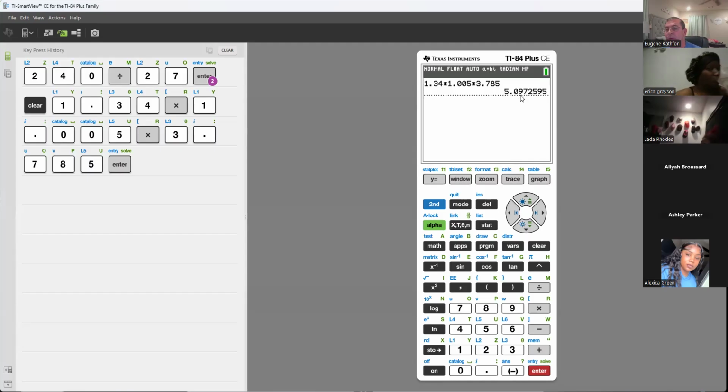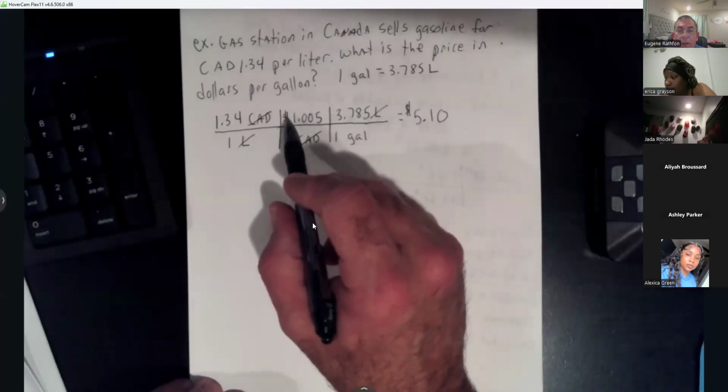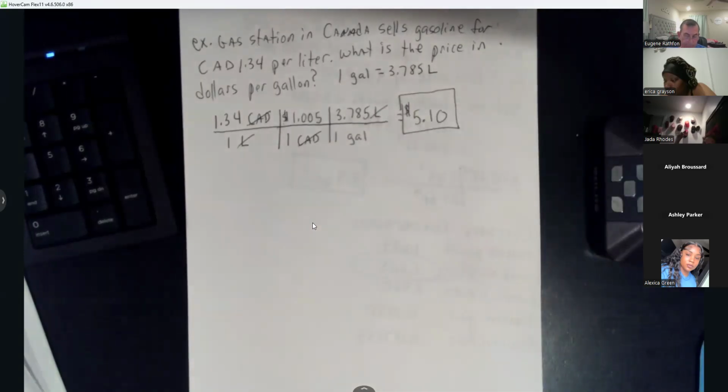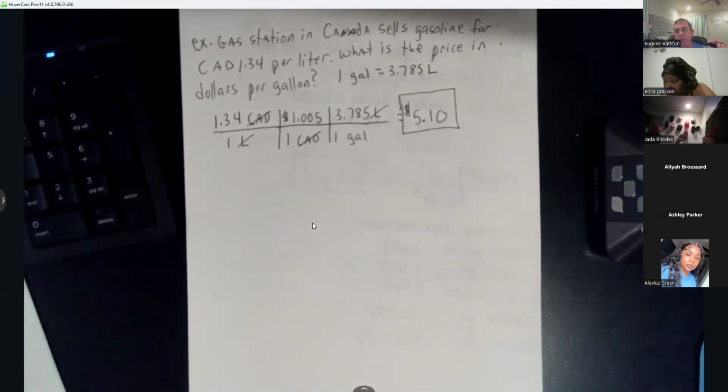So the 9 is going to round up to a 10, which will make that a 0, and then carry my 1. So that'll round up into $5.10. And my money will be left in dollars now, since dollars was the only unit left on top. So y'all, they're a little tricky sometimes. You just got to try to match them units up that you need to cancel out, okay?